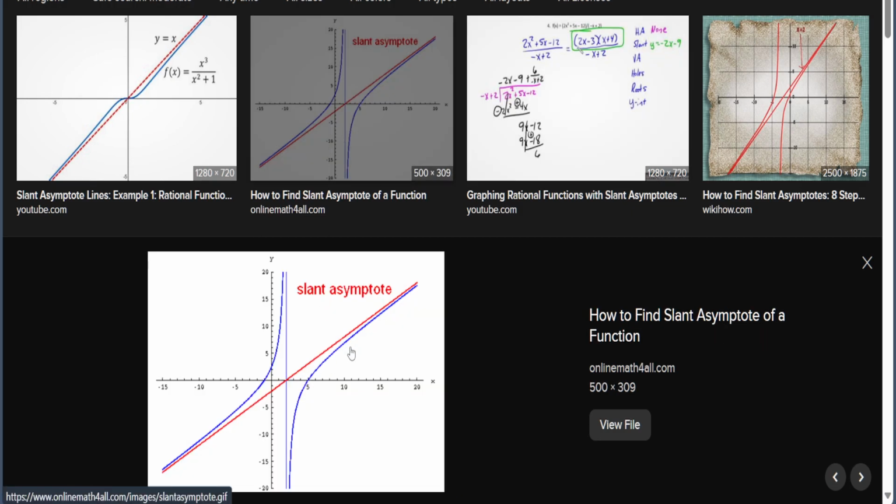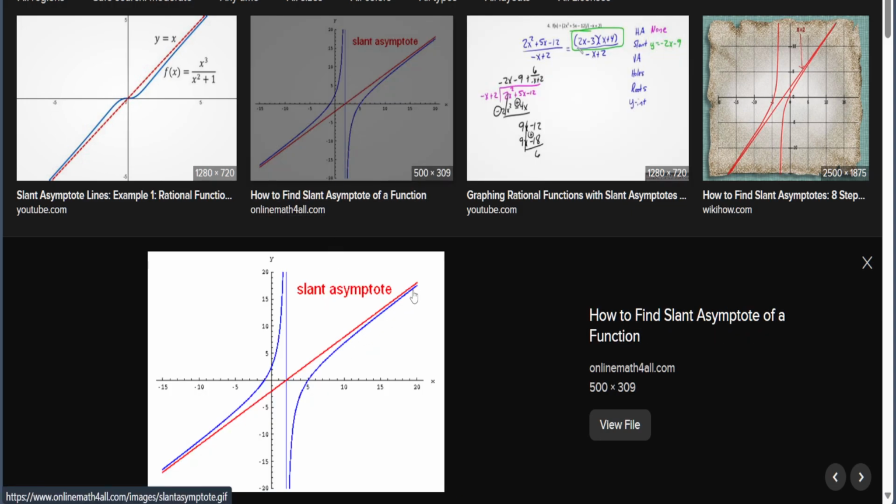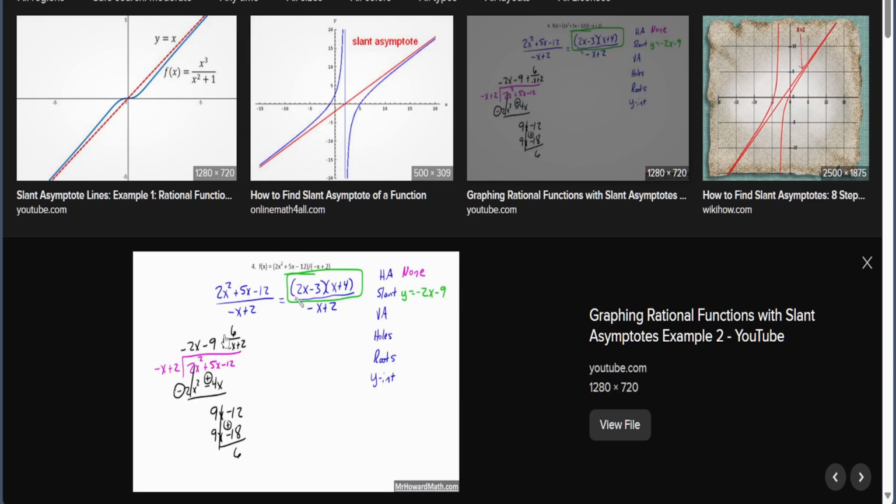Your graph, since technically that value still exists, even if it's really small. So you're right under the slant asymptote, over here on the right of this graph. You see how the graph is coming from under the asymptote instead of over? It's because in that case, it's a minus instead of a plus over here.